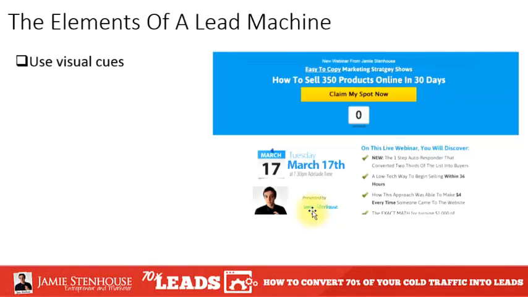So if I was to upgrade this landing page here, I might have an arrow that is pointing into this call to action button as well, just to draw more attention to it and to create a visual cue of what I want them to actually do next, which is of course click that button.